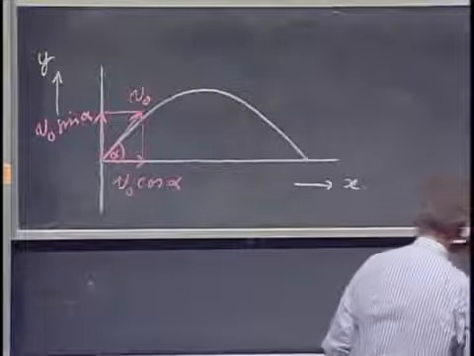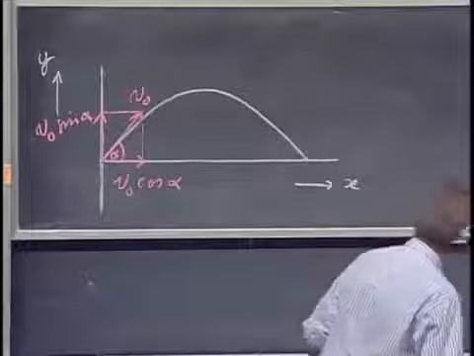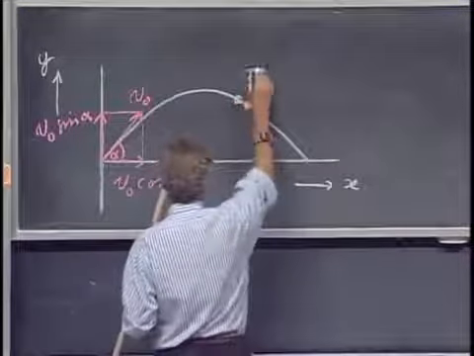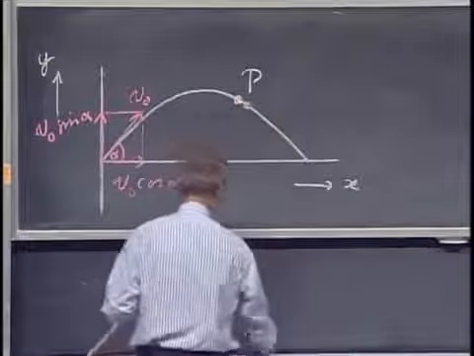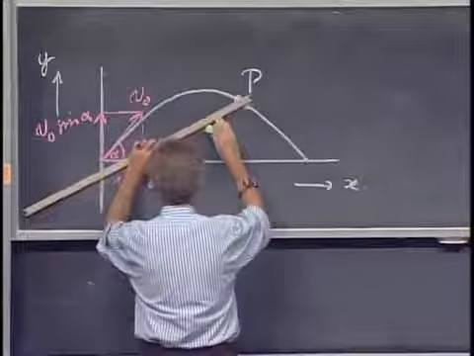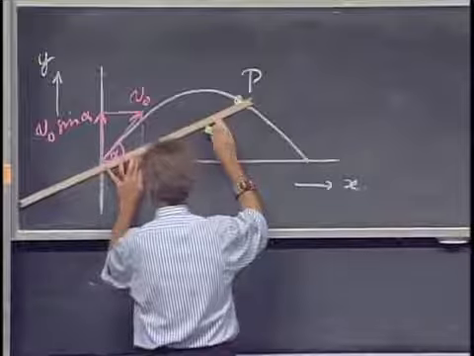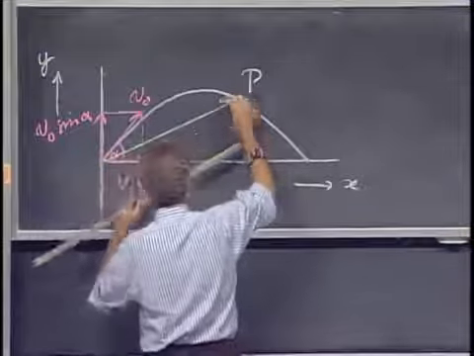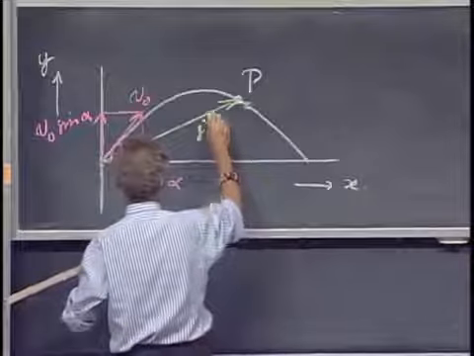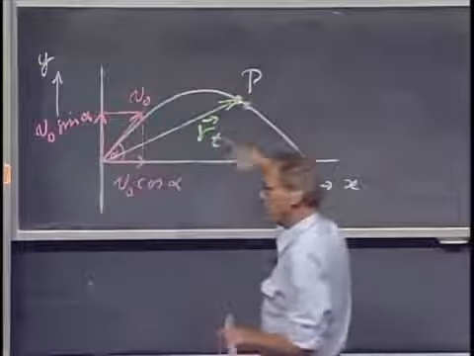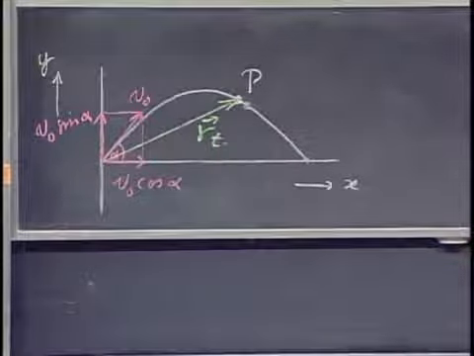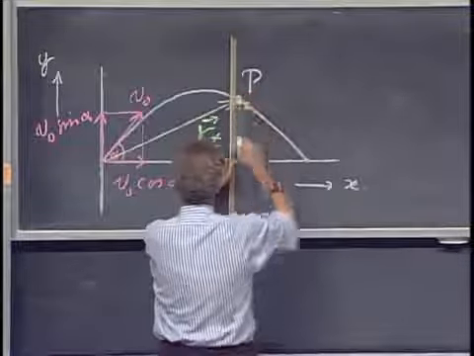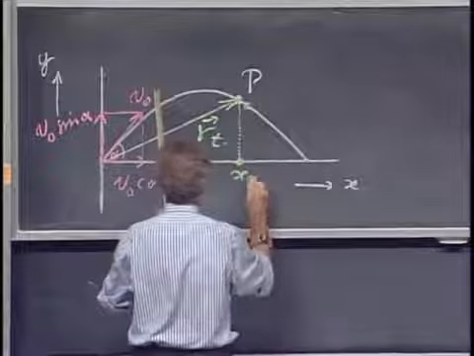A little later in time, that object is here at point P, and this is now the position vector, which we have called r of t. That's the vector that is moving through space. At this moment in time, x of t is here.